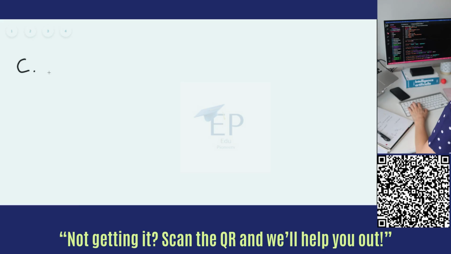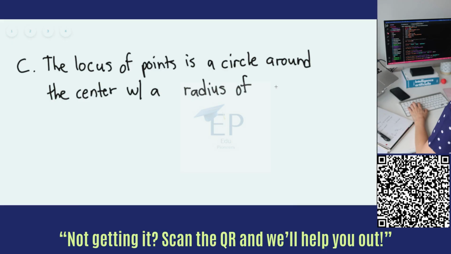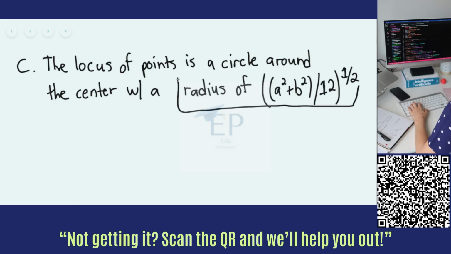So we can say that the locus of points is a circle around the center with a radius of (a squared plus b squared) divided by 12, all to the 1/2 power. So this would be our radius here for part C.